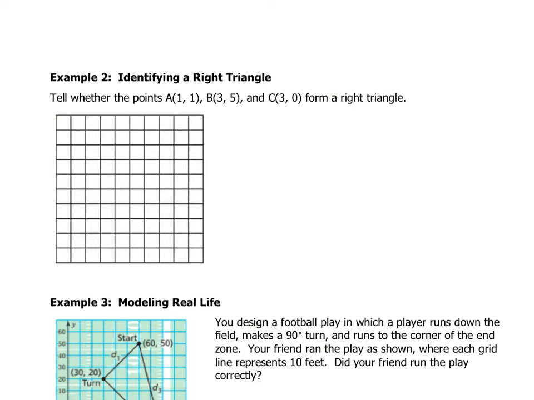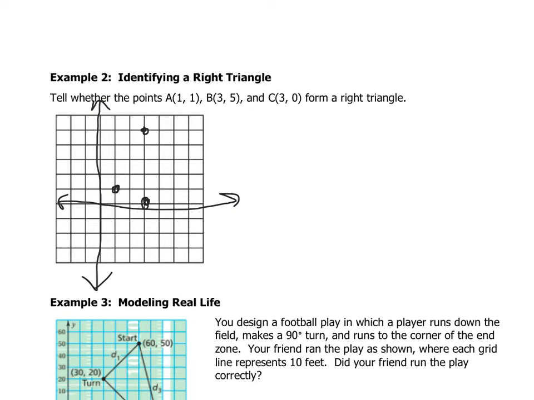Next we want to say, given some points, is this a right triangle? Obviously we need to plot those points first and get a feel for what they look like. Obviously you should be using a straight edge, which is better than my straight edge. Yikes, that's terrible. And I get A is here, B, 3, 5 is here, and 1, 2, 3, 0 is here.